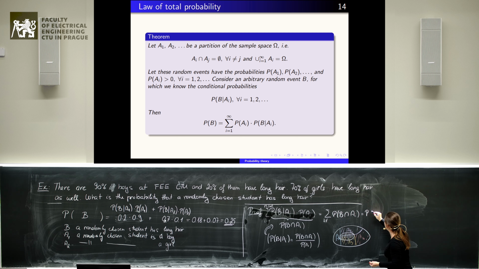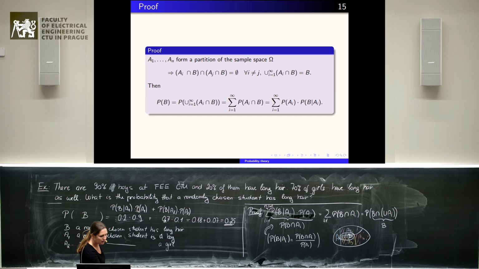It is, in fact, the probability of B intersected with the union of Ai, and the intersection of B with the union of Ai is B. So, in fact, the probability of B is equal to what is written in the theorem. On the next slide, you can find the proof again. And I think that the best proof for you was the example where you can see the meaning of this theorem.